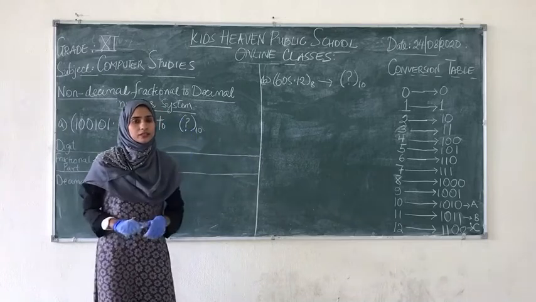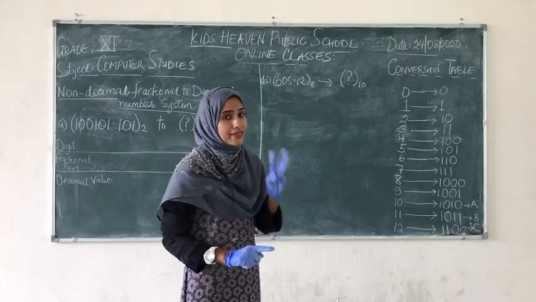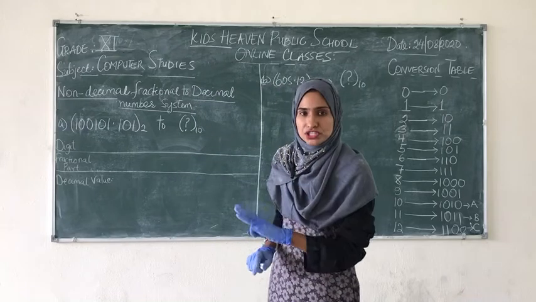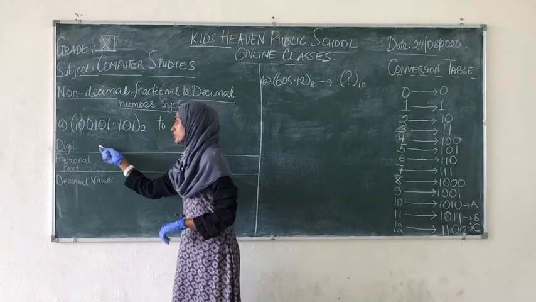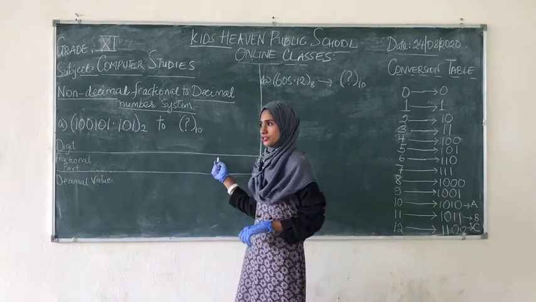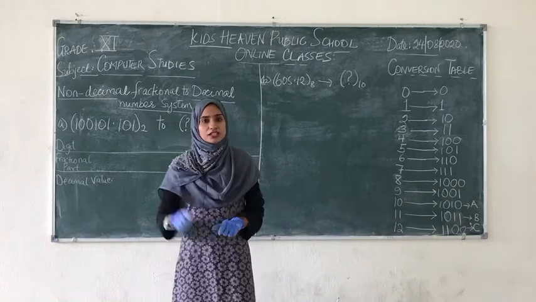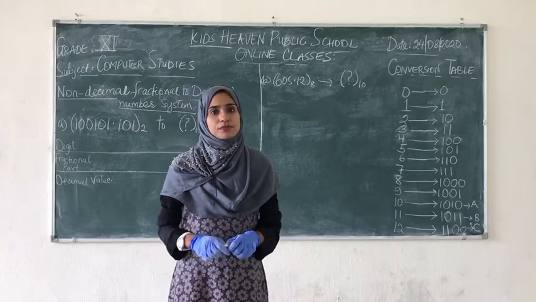As we did earlier, remember we wrote the digits, we wrote the position number and then we wrote the positional value. The same way, we will note down the digits first, then we will take the fractional part. We get the fractional part by putting the exponents at the top of the base.